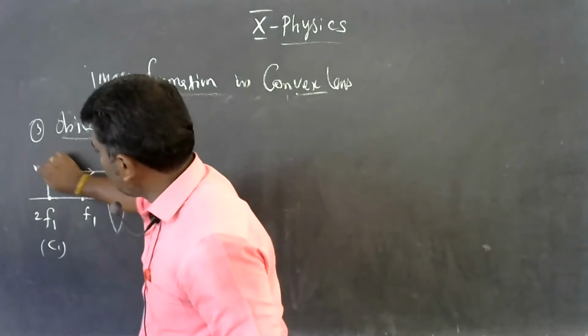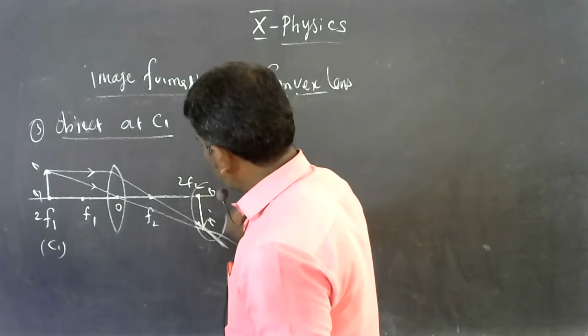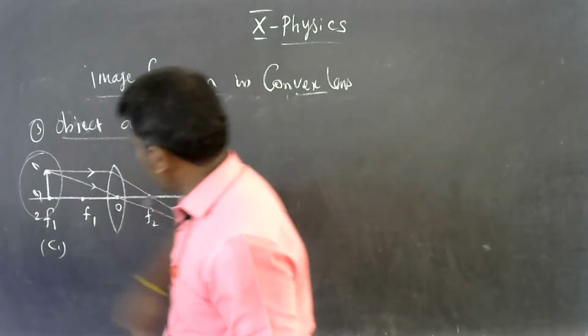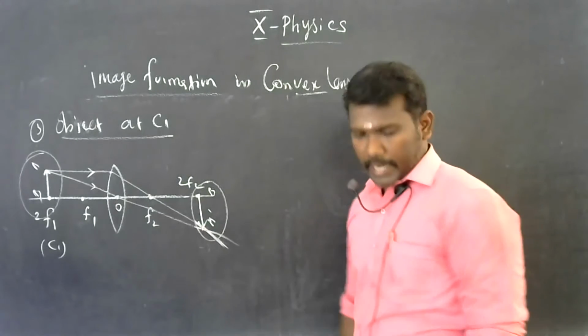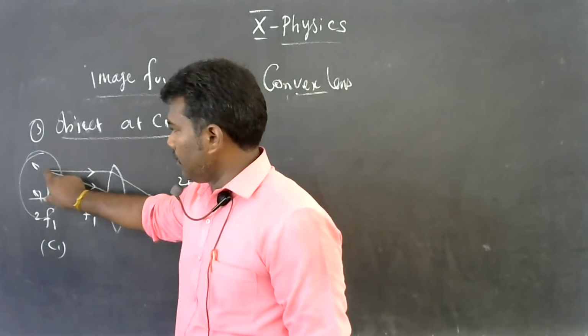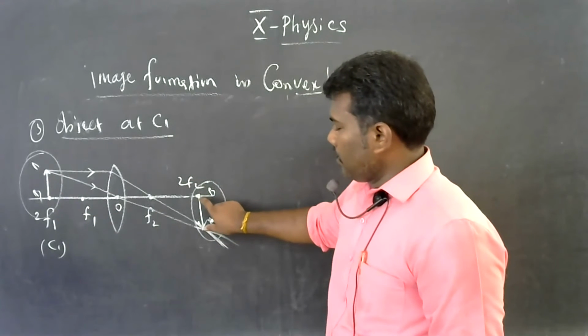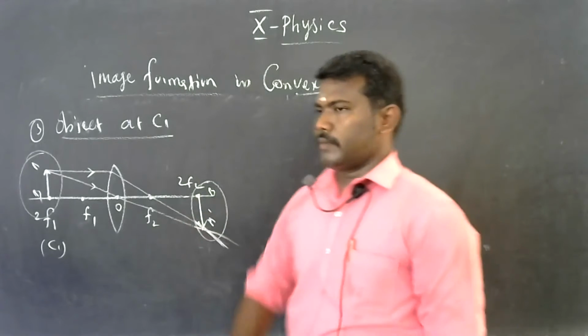So compare the object size and the image size, A dash and B dash. Whenever you go to the image formation diagram, first of all note the position here, and it is very simple. You draw the image.